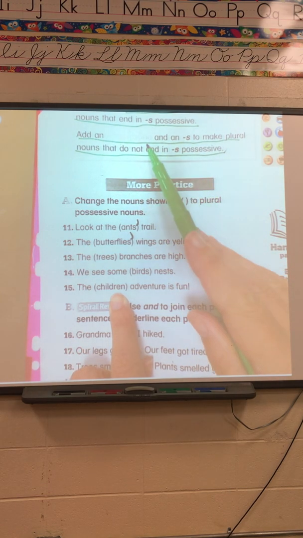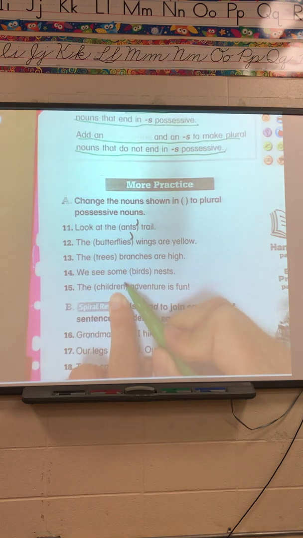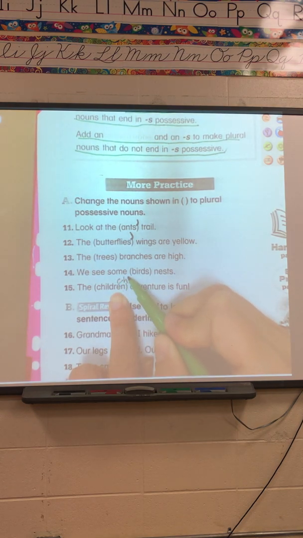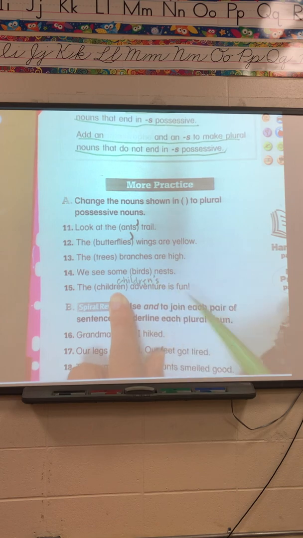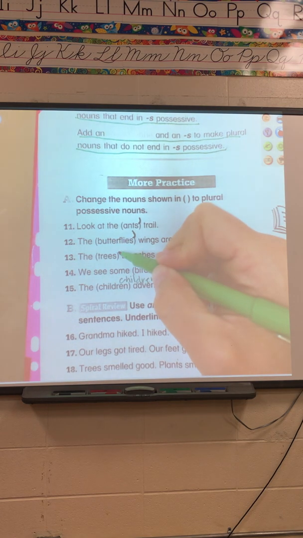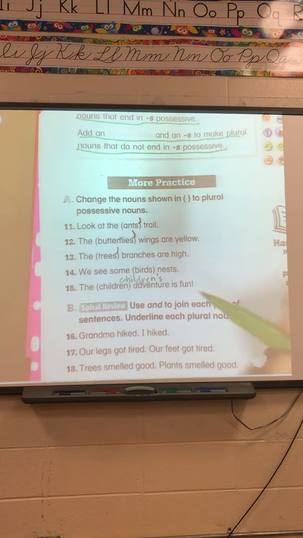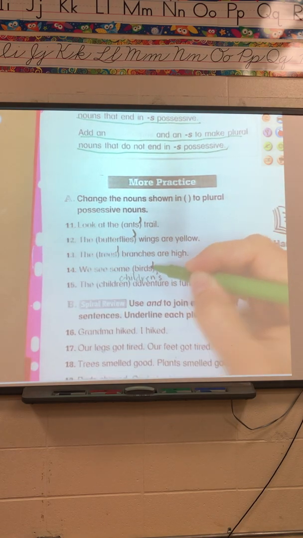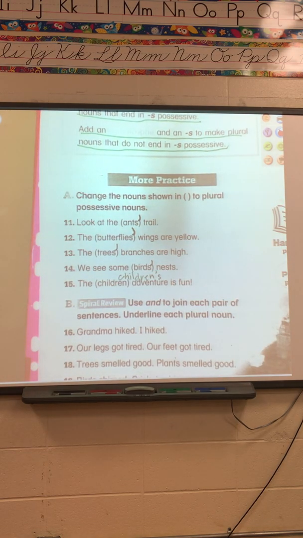We have to put an apostrophe, then the S. So we're going to say children apostrophe S because it did not already end in S. Okay? So with trees, I'm sure you just put an apostrophe after the S. And with birds, an apostrophe after the S.